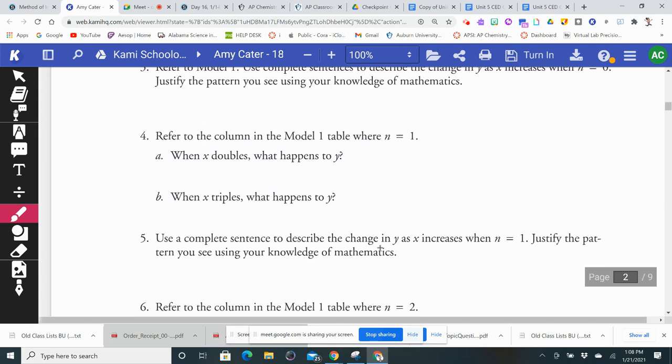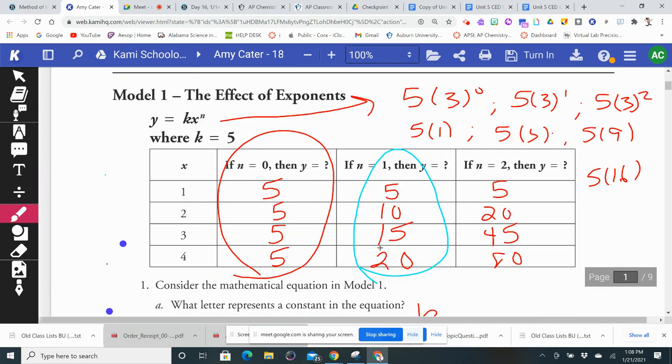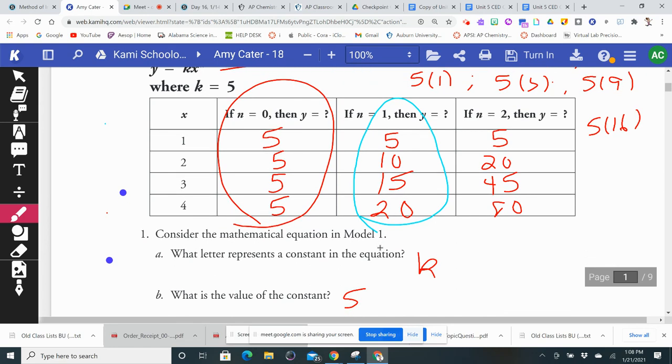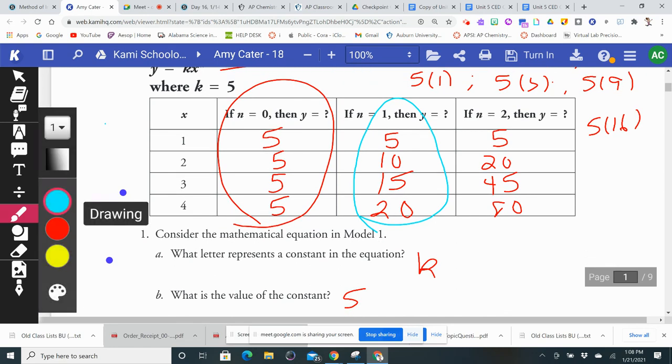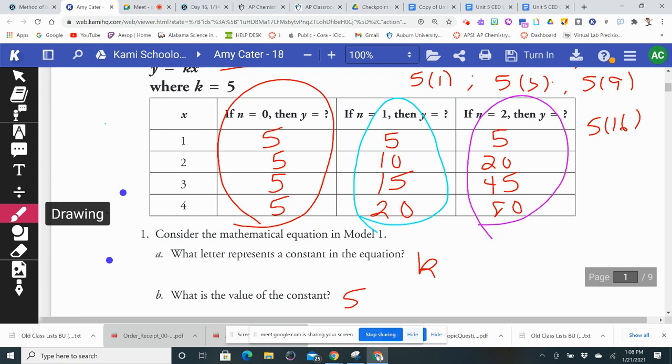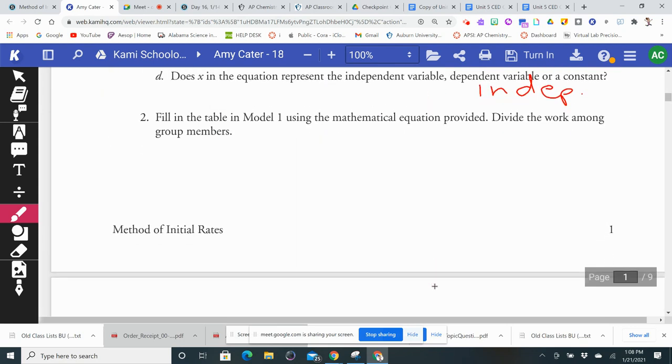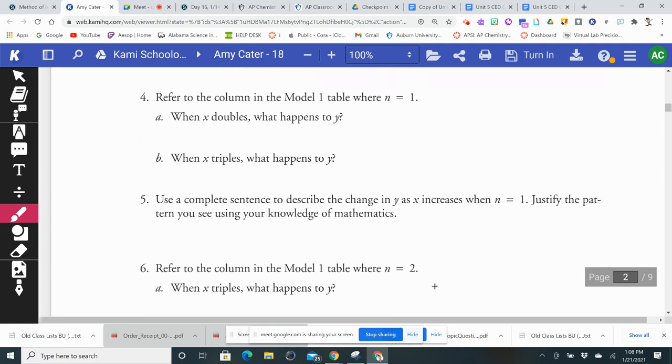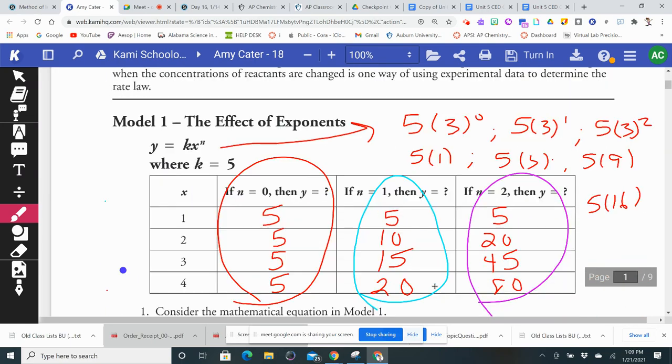Third column. So now let's look at this third column. So in this third column, I believe it's asking when x triples, what happens to y?